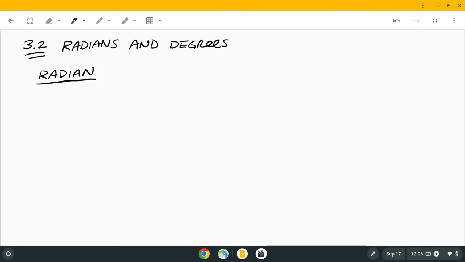I could measure it in yards. I could measure it in meters. I could measure it even in inches. Okay. And then same thing with angles. You're used to measuring angles in degrees, but we have other units of measure as well, and the radian is one of them. Okay.